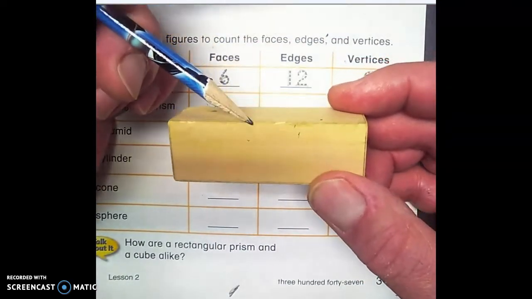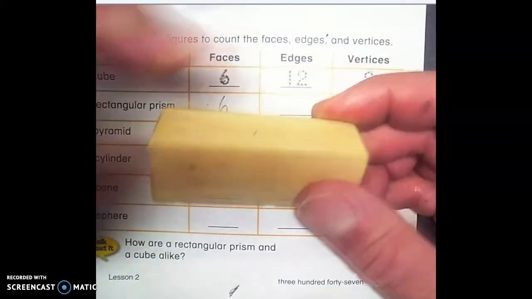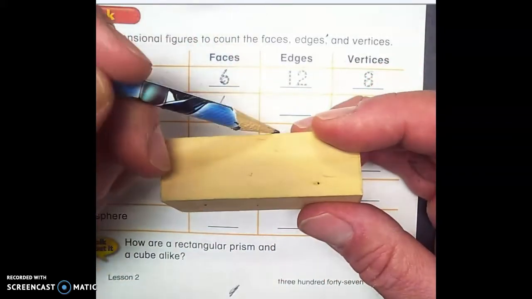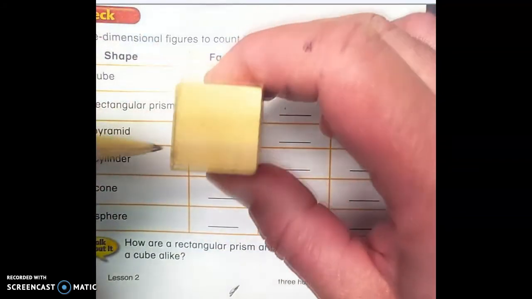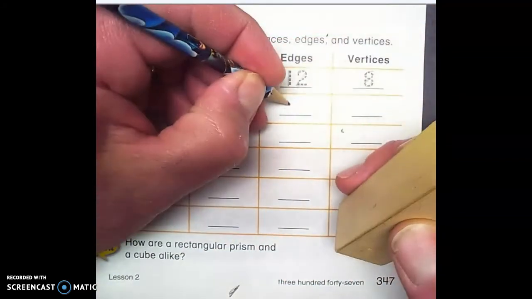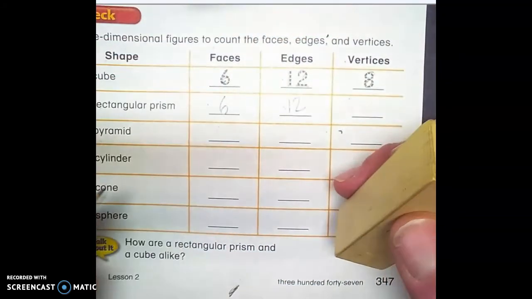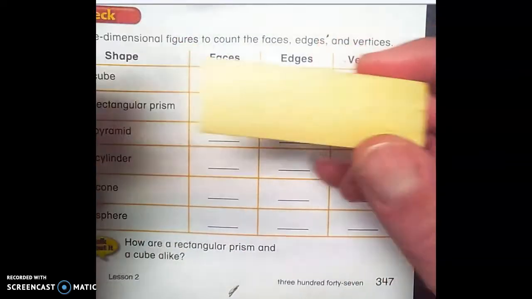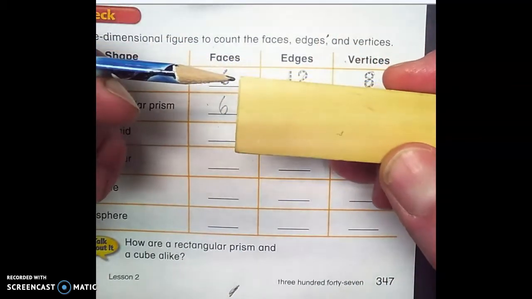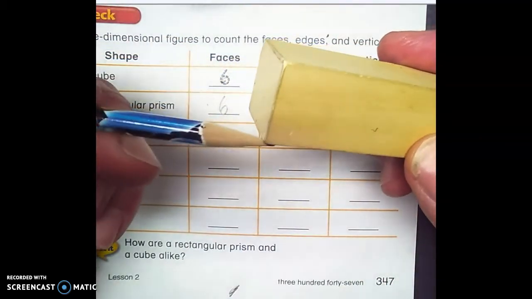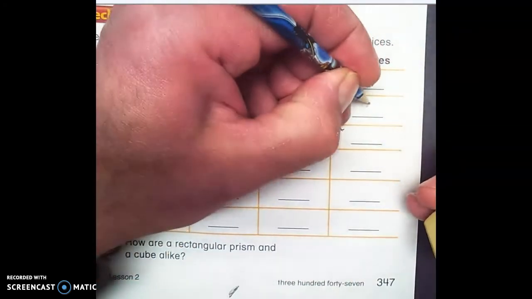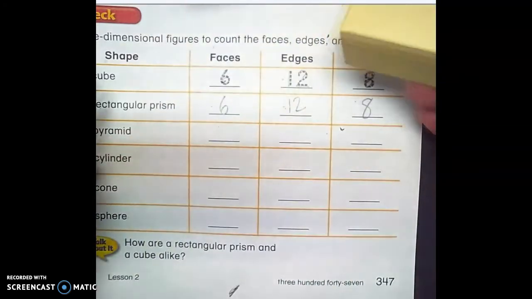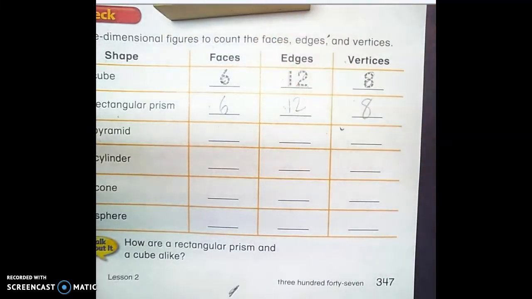We've got 1, 2, 3, 4, 5, 6, 7, 8, 9, 10, 11, 12. 12 edges again, just like the cube. Vertices, the corners. 1, 2, 3, 4, 5, 6, 7, 8. 8 vertices. So again, the cube and the rectangular prism both have the same number of faces, edges, and vertices.